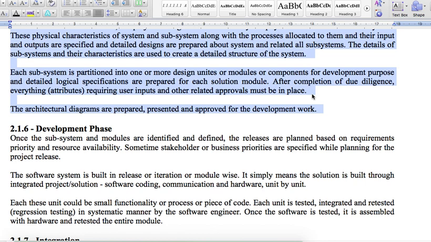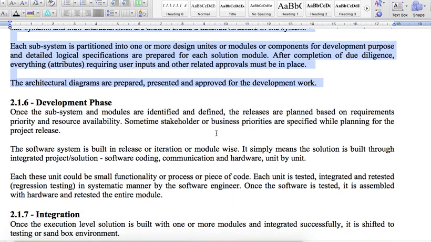So here, in addition to the requirement we just talked about, other areas will also be addressed, for example the user inputs, due diligence, and any other factors that need to be considered. Okay, the architectural diagrams are prepared, presented, and approved for the development work. Once it is approved, then we start with the development phase.